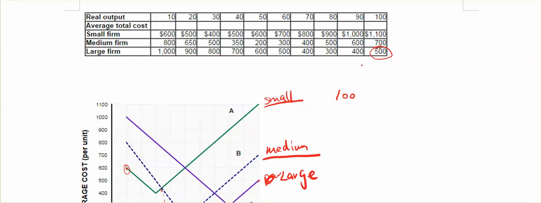Another possible way is to use 2 medium firms, each of them producing 50. If one firm produces 50, it will cost 200 per firm, so the total cost is $400. Obviously, 2 medium firms will do a better job than 1 large firm.